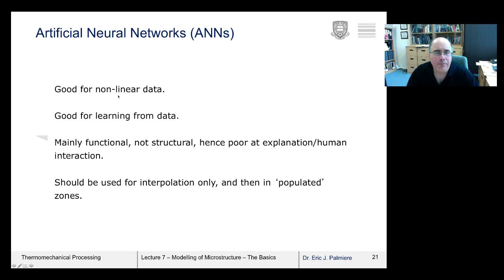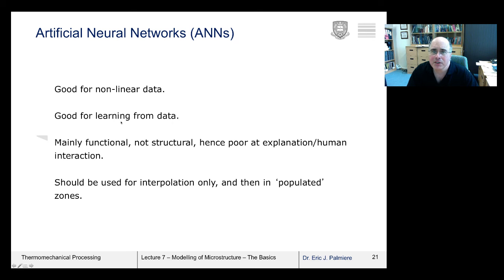So to recap on what we discussed in terms of artificial neural networks, they are very good for nonlinear data. They're very good in that we can learn from the data, so we can look at trends that the data is indicating.